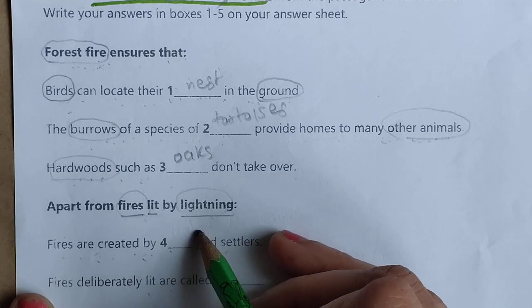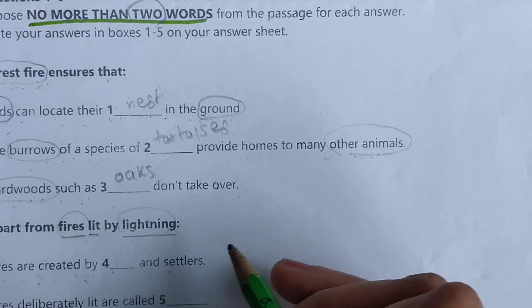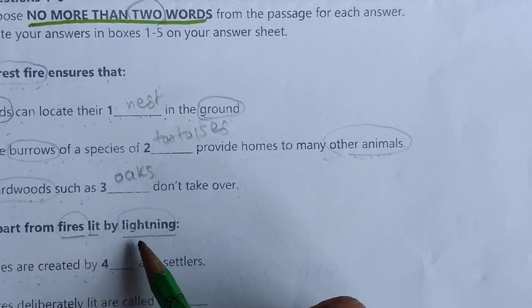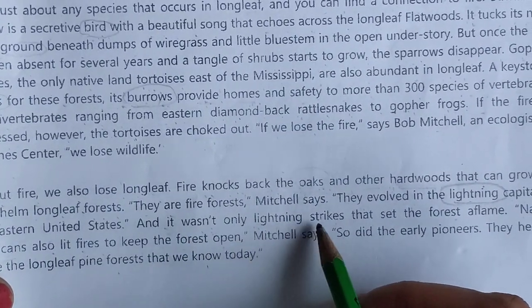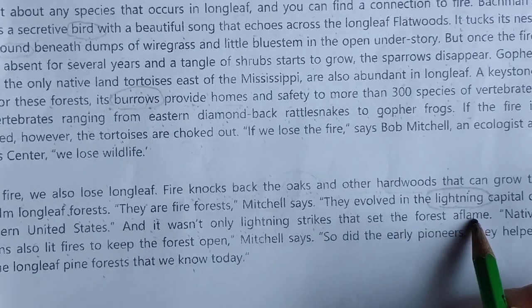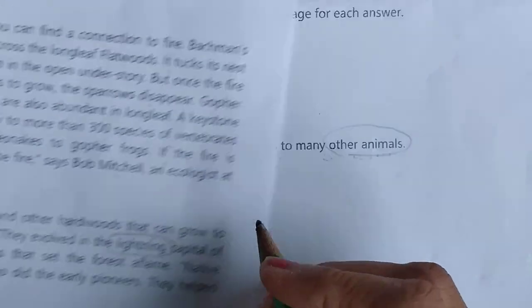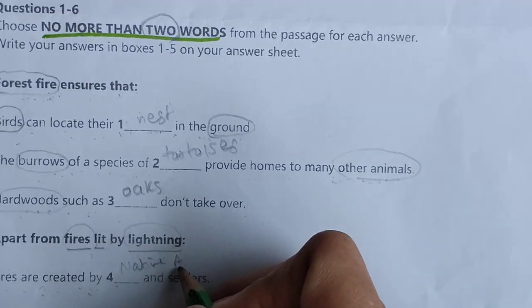Fires are created by Native Americans and settlers, because apart from fires lit by lightning, it wasn't only lightning strikes that set the fire. So we will be writing here Native Americans.